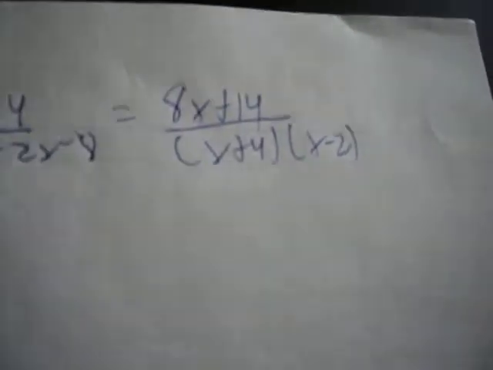So we choose our A1. Our A1 will have to be x plus 4. And then our A2 would have to be x minus 2. So over here, this is negative 4, and then right here is positive 2.